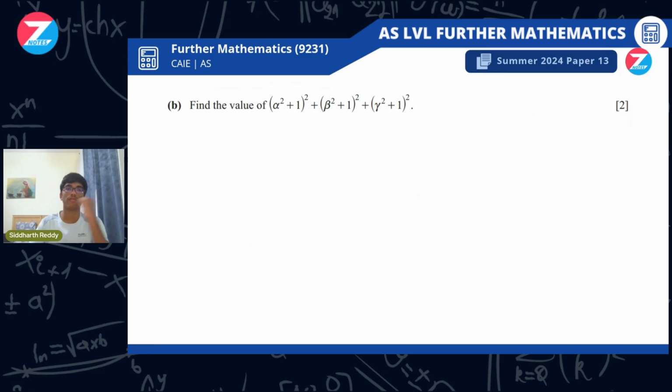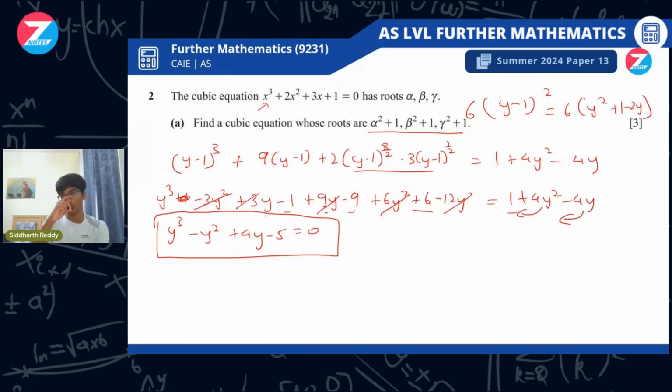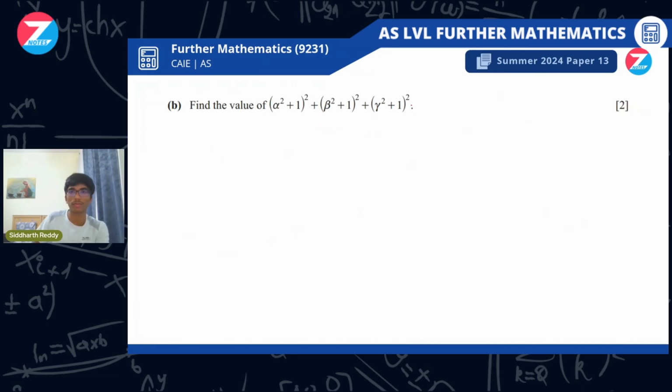Find the value of alpha squared plus 1 whole square plus beta squared plus 1 whole square plus gamma squared plus 1 whole square. Okay. So keep in mind that alpha square plus 1, beta square plus 1, gamma square plus 1 are all the roots of this equation, y cube minus y square plus 4y minus 5 is equal to 0.